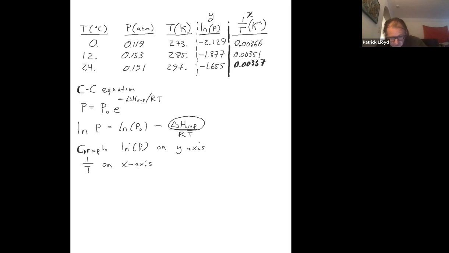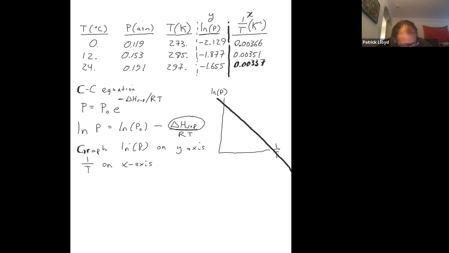Okay. So the graph, I'll just show you real quickly here. The graph is ln of p on the y-axis and then 1 over t on the x-axis. And in general, what you get is you get a negative slope. And I'll show you with these 3 points that we get a negative slope. Okay, so there's a line that we can connect those dots with, one straight line.